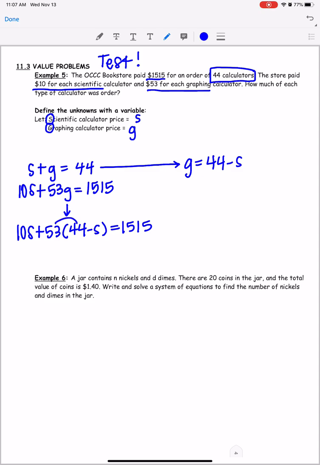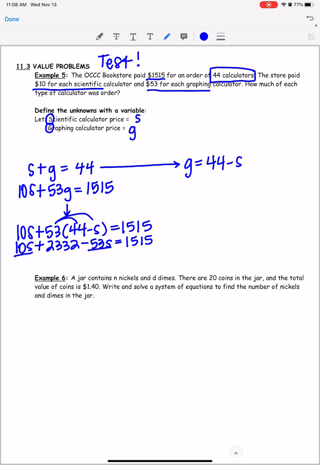So distribute your 53. I've got 10S plus 53 times 44, which is 2,332, and 53 times a negative S is negative 53S, equals 1515. I'm going to do two different things here since I'm running out of room.